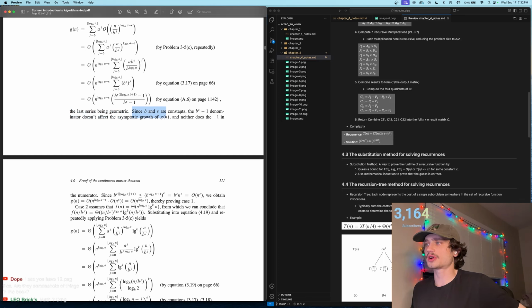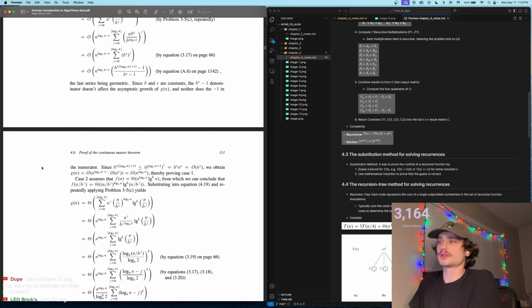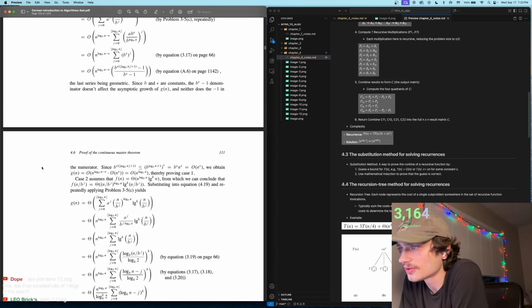Since b and epsilon are constants, the b to the power of epsilon minus 1 denominator doesn't affect the asymptotic growth of g of n, and neither does the negative 1 in the numerator. Since b to the power of epsilon times floor(log base b of n) plus 1 is less than this, which reduces down to big O of n to the power of epsilon, we obtain that g of n is equal to big O of n to the power of log base b of a, thereby proving case 1.